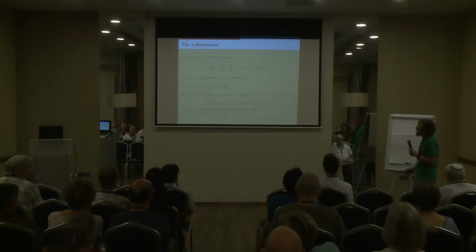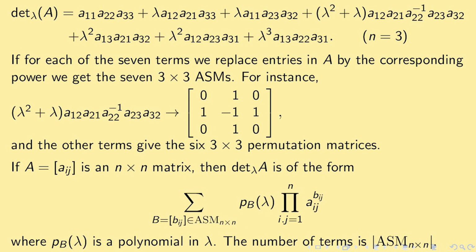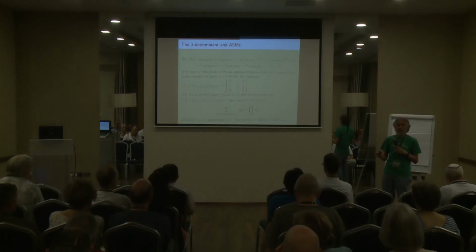Okay? All right. So that's the lambda determinant of the 3 by 3. Okay? There's exactly one term corresponding to an alternating sign matrix. There you see it. All right? And in general, that's the lambda determinant. It's a summation over all the alternating sign matrices of order n. Okay?